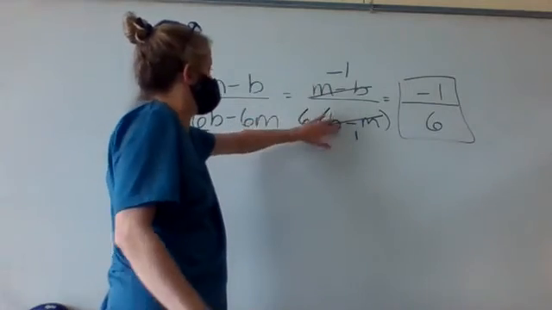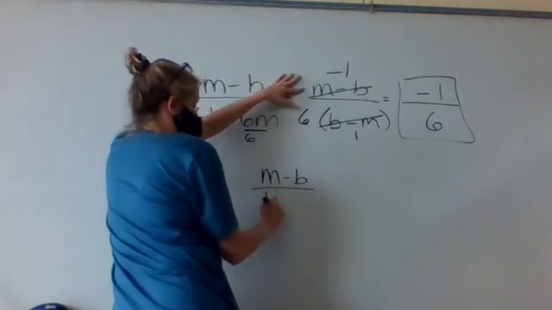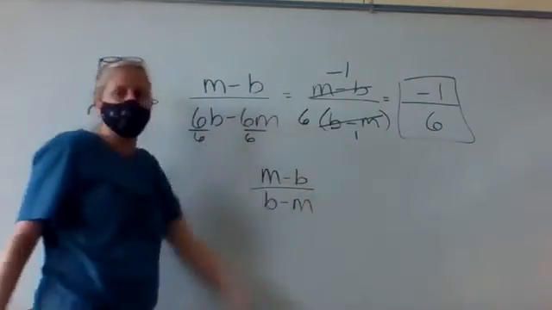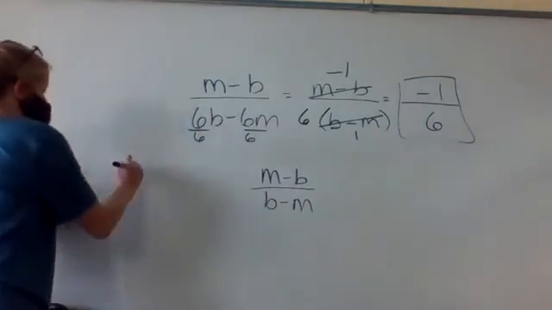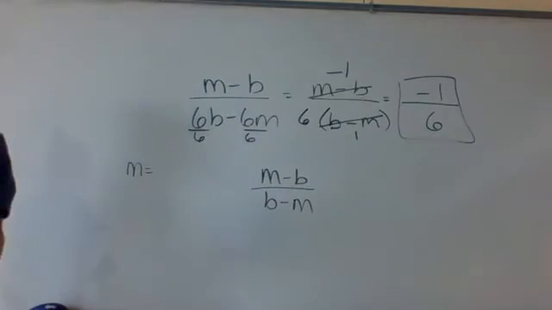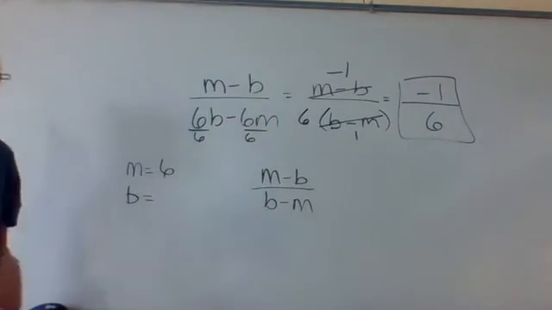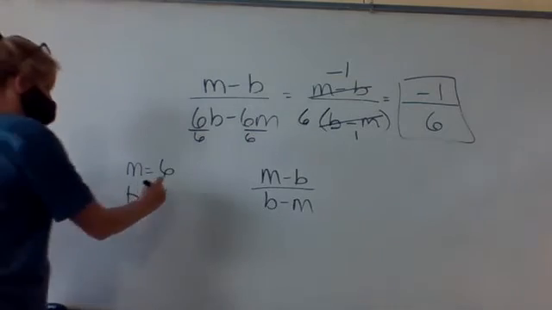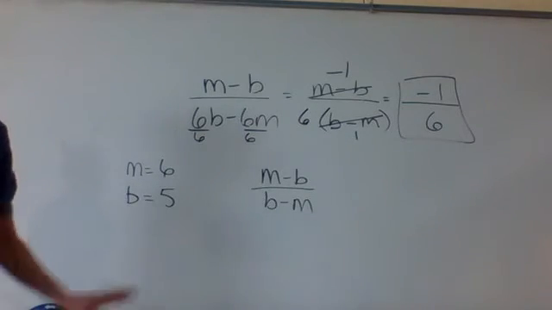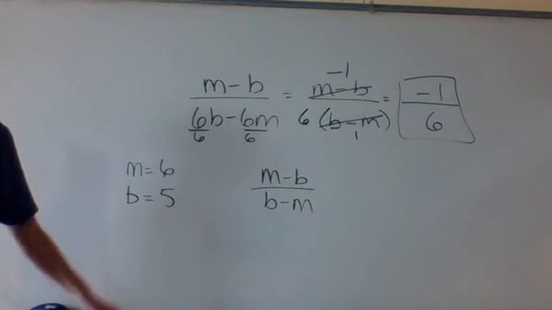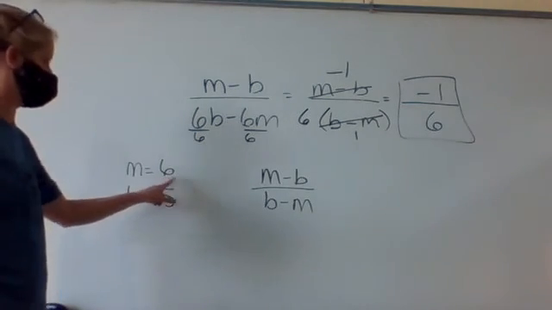I want to go over why M minus B over B minus M makes a negative 1. Here's why. Give me a number for M, any number in the world. 6. Give me a number for B, any number in the world. 5. Doesn't matter. You didn't just get lucky. It doesn't matter what number M and B are. Let's plug these in. Everywhere I see an M, I'm going to put a 6.